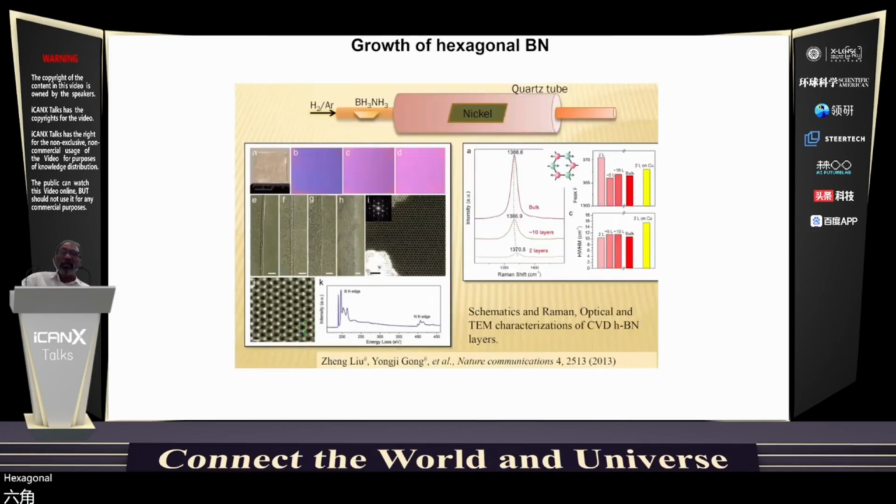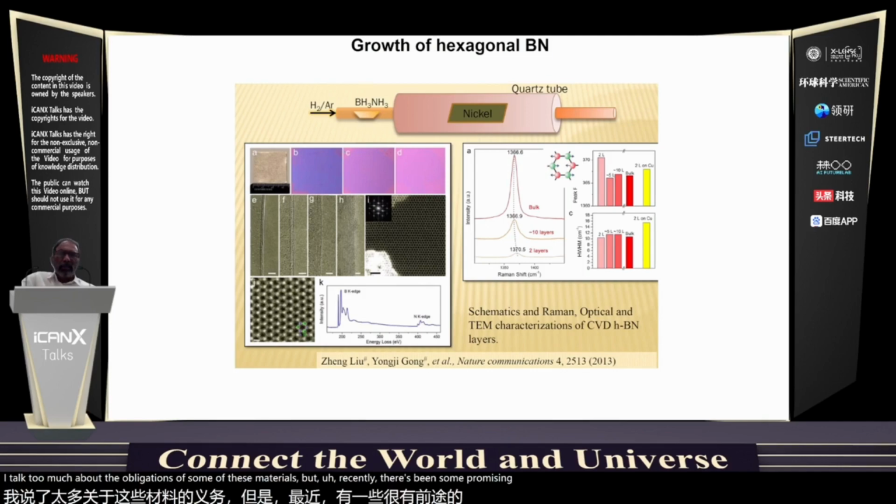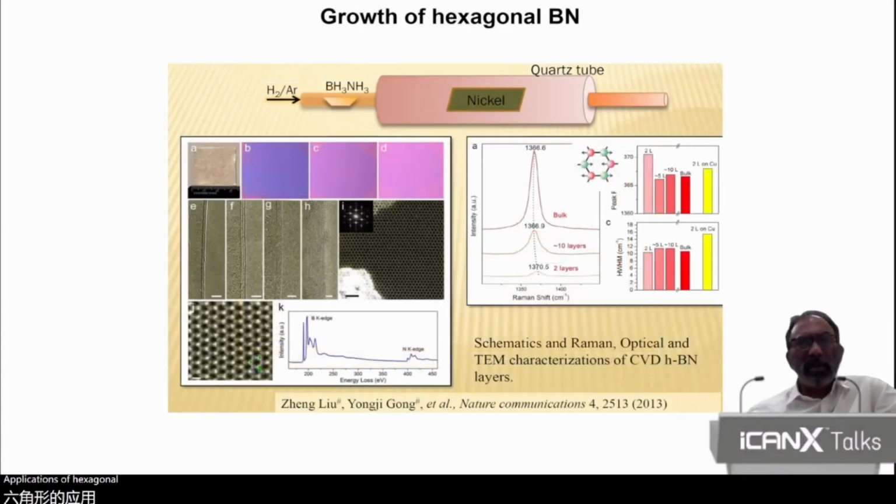Hexagonal boron nitride itself is a very fascinating material. I will not talk too much about the applications of some of these materials, but recently there have been some promising applications of hexagonal boron nitride. It's a high temperature, very unreactive type of material. And today one could grow very thin films of these materials.